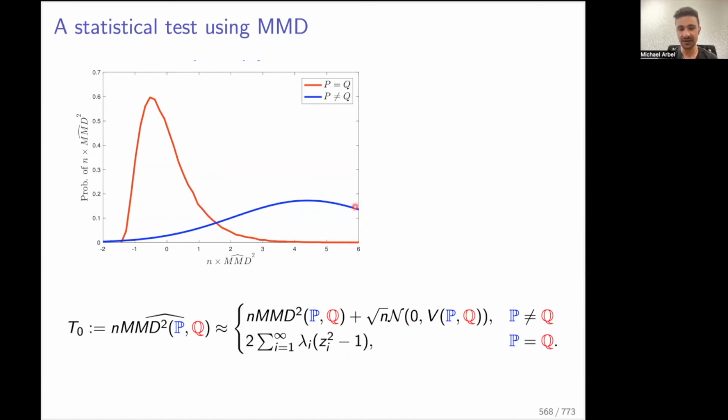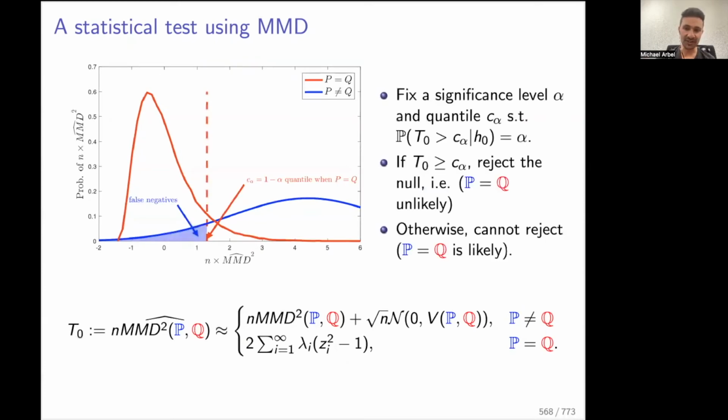This Gaussian, which is the blue curve, is centered around a point that goes to infinity as you increase the sample size, and it gets spread out as you increase the sample size as well. If the statistic that you compute falls in a region here, then it would be a low density region for the scenario when P is equal to Q. So you might say that it is very unlikely that P is equal to Q.